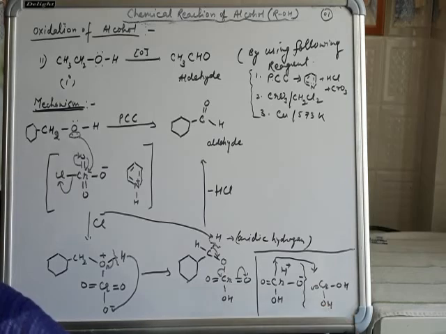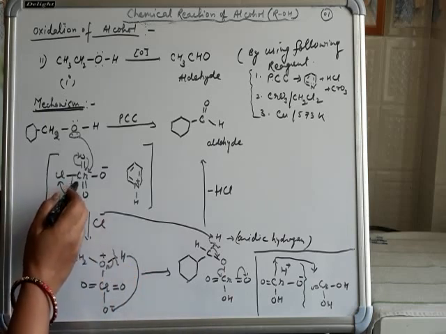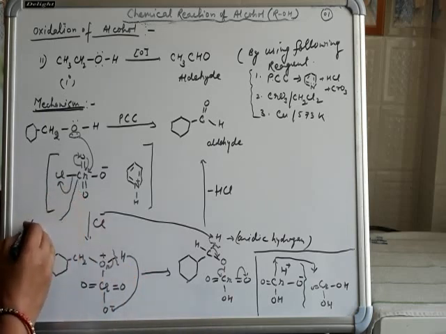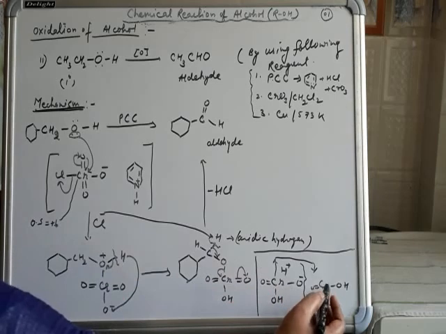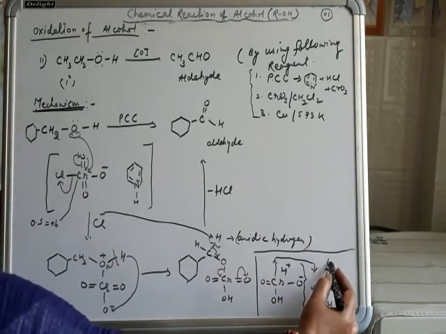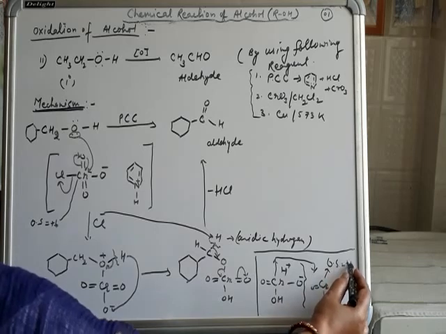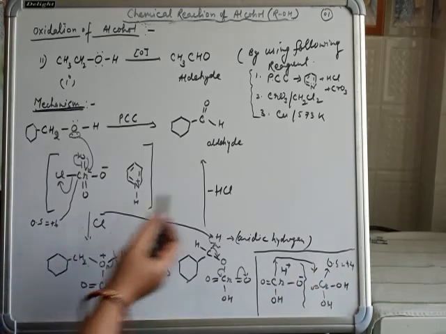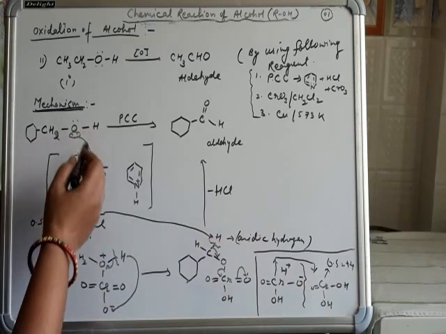We can also check the oxidation number of chromium. Here the oxidation state of chromium is +6, and here the oxidation state of chromium is +4. So +6 to +4 means the reagent is going to be reduced and the alcohol is going to be oxidized.